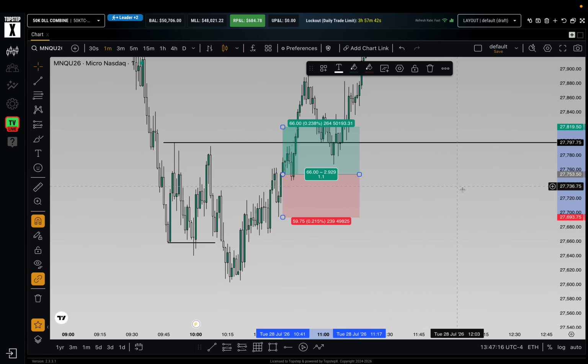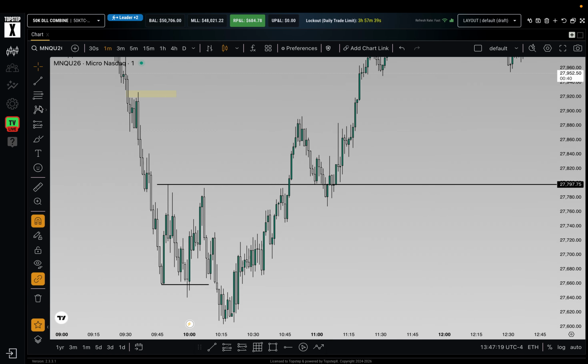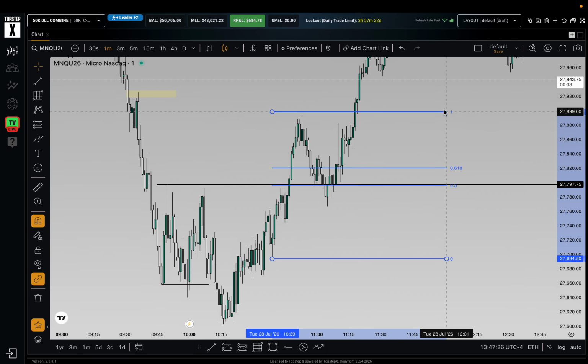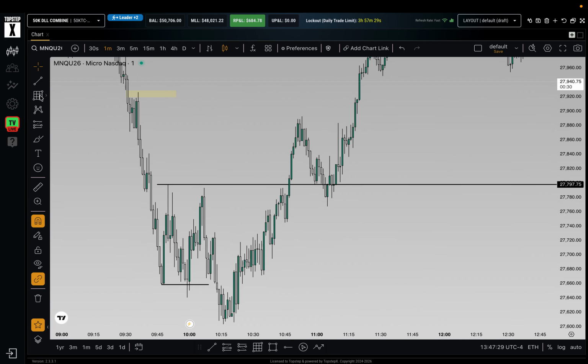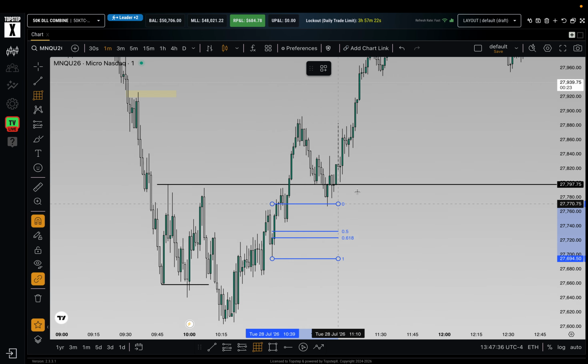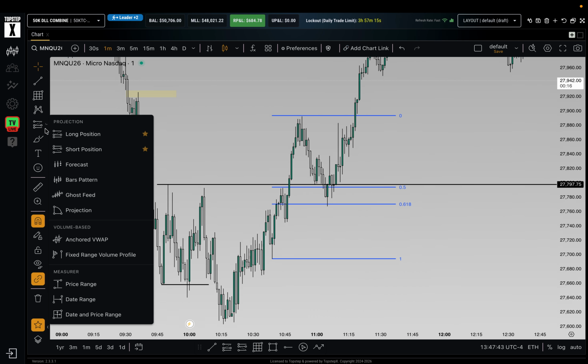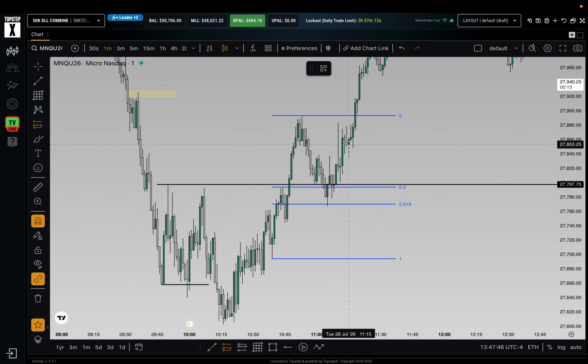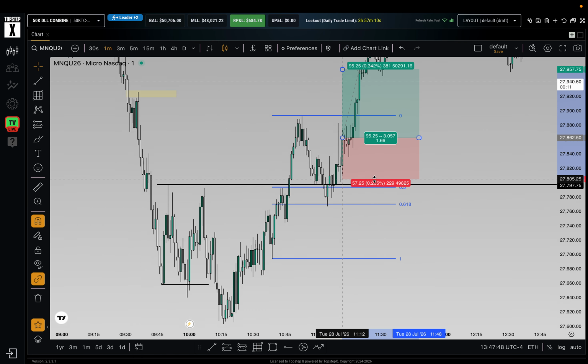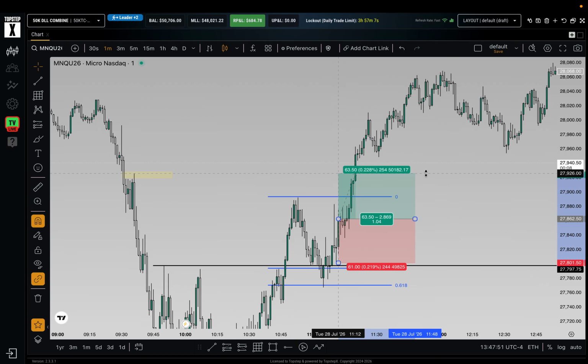This would have been really nice, and then even from here till here, we tapped into the 0.618 and then started displacing. Could have entered over here, stops would have been under here, and then targeting a 1-to-1.